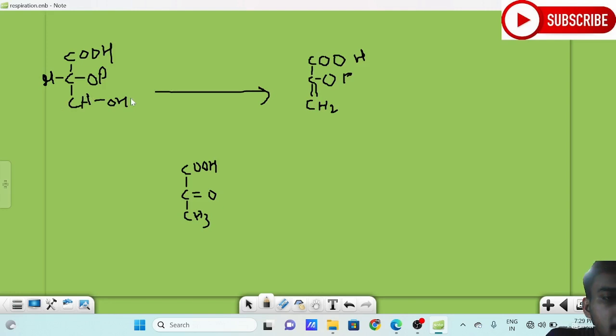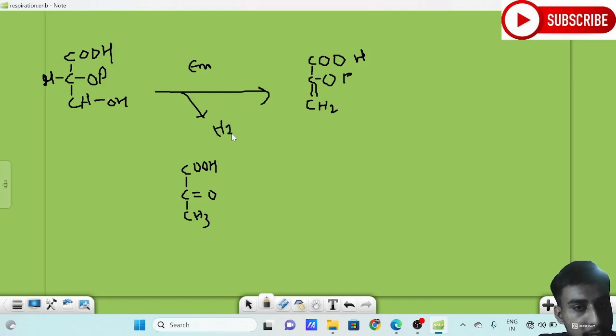If you look into it, we can see that H2O has been released, right? Because it is the enol form. So an enolase enzyme will come. The enzyme here is the enolase enzyme, and the difference is that a double bond has been formed and H2O has been released. Just check, H2O has been released.